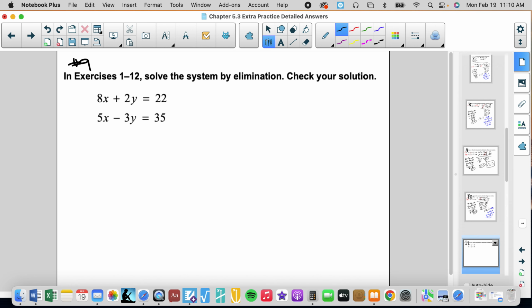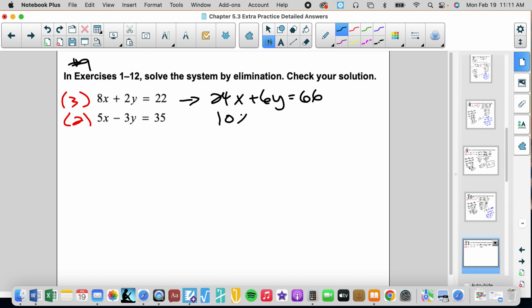Number 9. Again, I'm going to tend to pick the variables that are already opposite of each other, that have opposite signs. So 3 and 2, and we get 24x plus 6y equals 66.